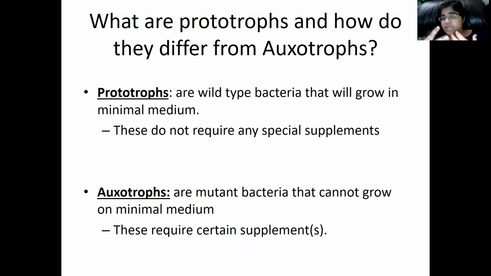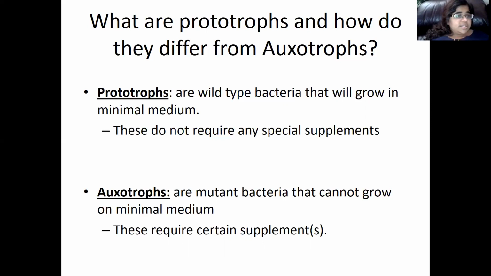They can grow in the minimal media itself without requiring any special supplements. Whereas auxotrophs are mutants that cannot grow on minimal media without special requirements. So when you have an auxotroph, you have something supplemented to the media to allow them to grow.